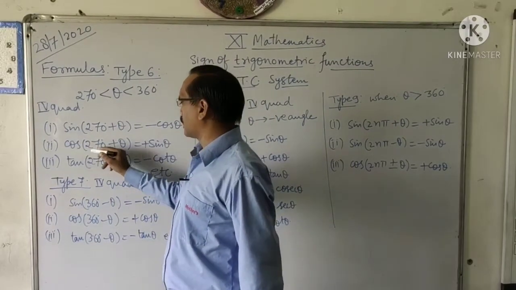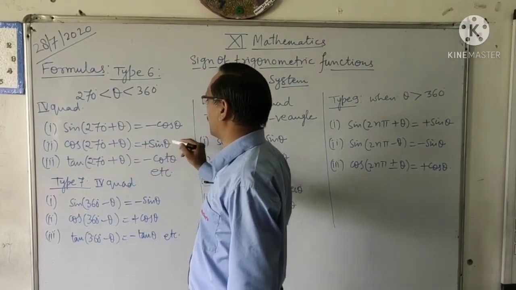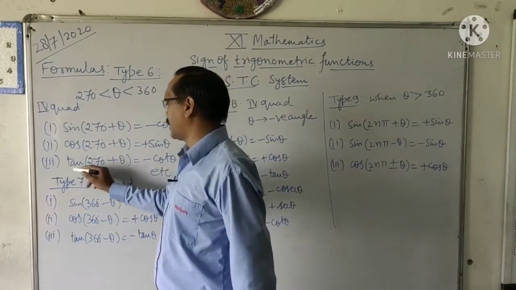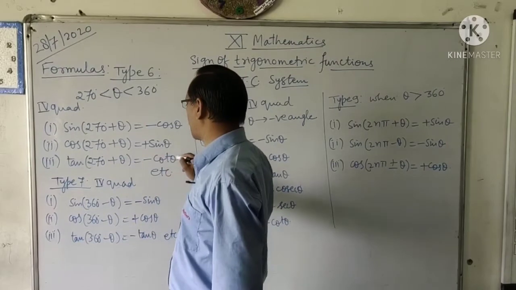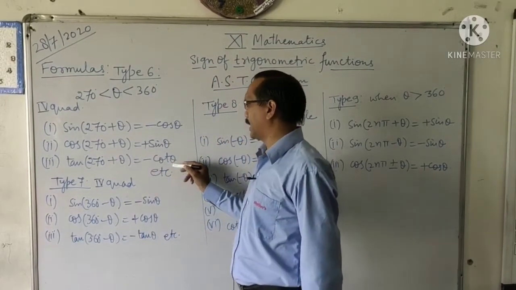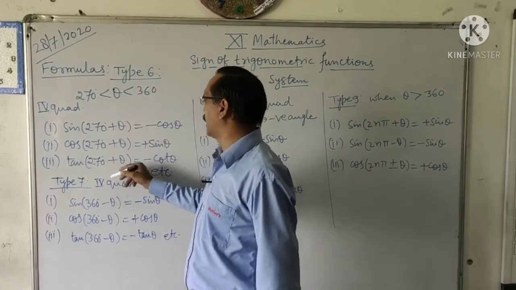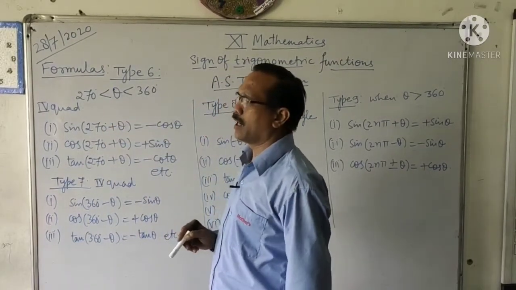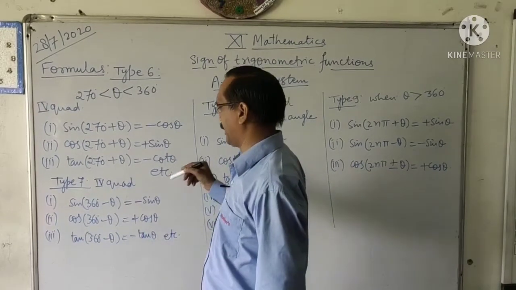Then cos(270 degrees plus theta) is plus sin theta, in the fourth quadrant cos is positive. Tan(270 degrees plus theta) is minus cot theta because in the fourth quadrant tan is negative, and there is a complementary change because there is 270 degrees, an odd multiple of 90 degrees.